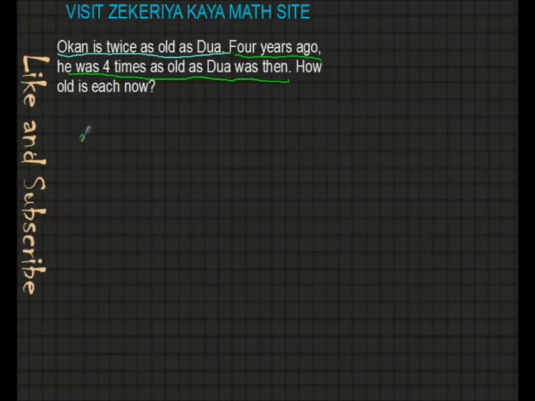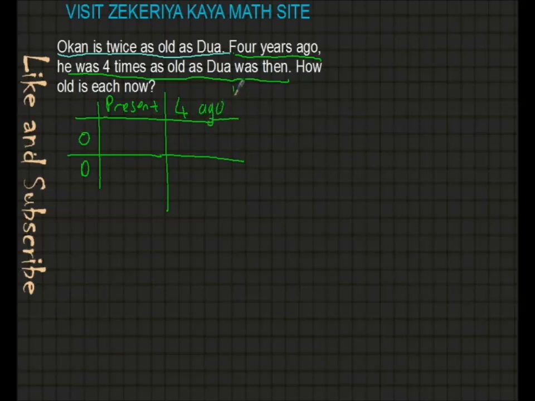So we have Okan and Dua, and again present age, and there is another connection which is 4 years ago. Let's write just ago instead. So everybody, about present time, what is the connection?